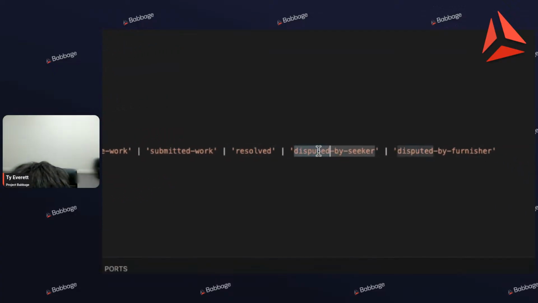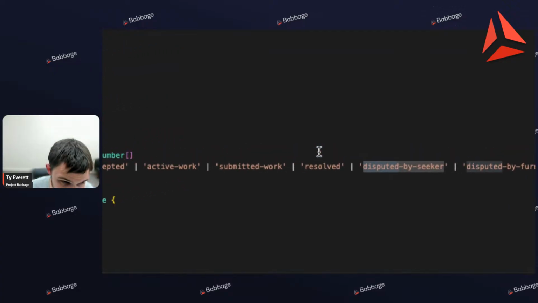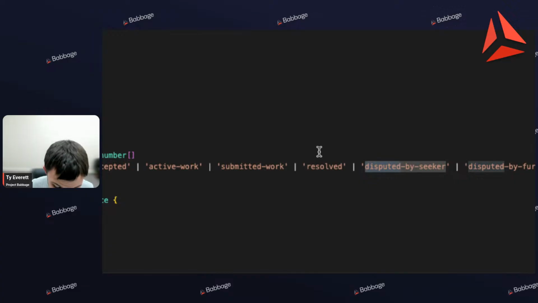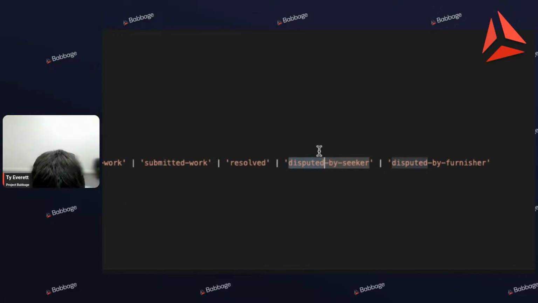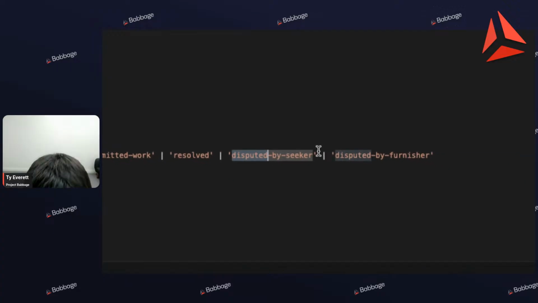It can move into disputed by seeker if after the work deadline work has not been completed, or after the work has been submitted, it is not to the satisfaction of the initial seeker of the work and their initial requirements.